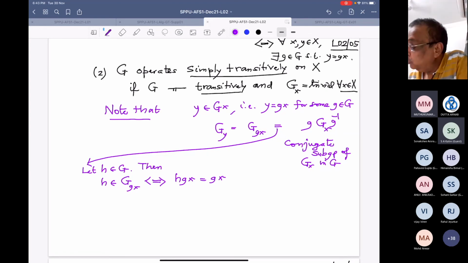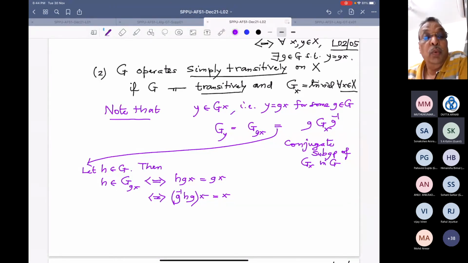I will multiply g inverse on both sides. So g inverse hg x, these belong to x, and I'll put a bracket here. This is allowed because of property 1 and 2.